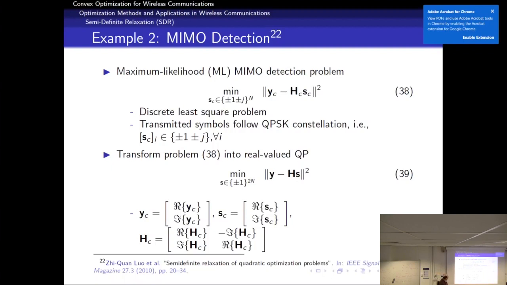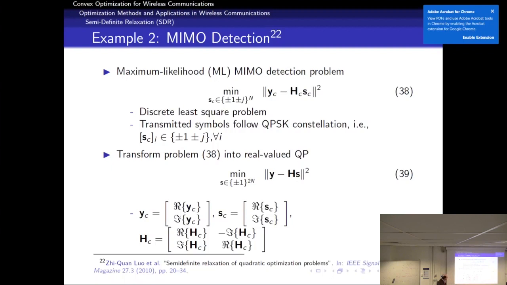The first trick is to say, well, those are complex entries, so I will write this using real entries. I create the Y and the S by stacking up the real part and the imaginary part of my S_C, and I do the same for Y. And you can write this quantity in a different form, but exactly equivalent, where now each of those entries is real.